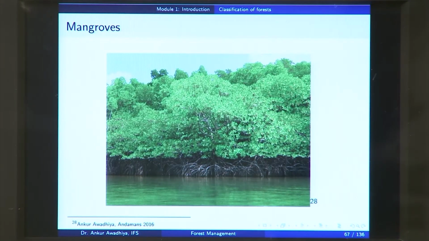And if you move to the coast of the country, such as this coast in the Andamans, you will find mangroves.